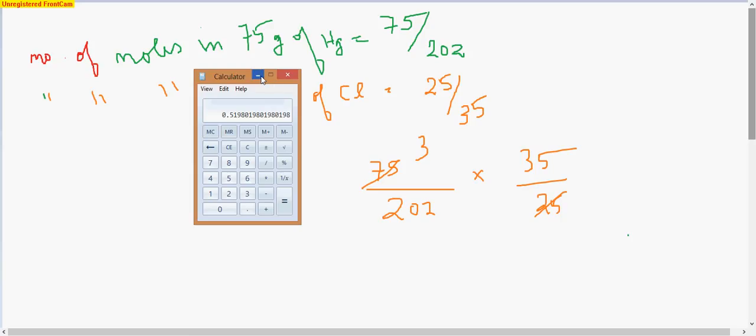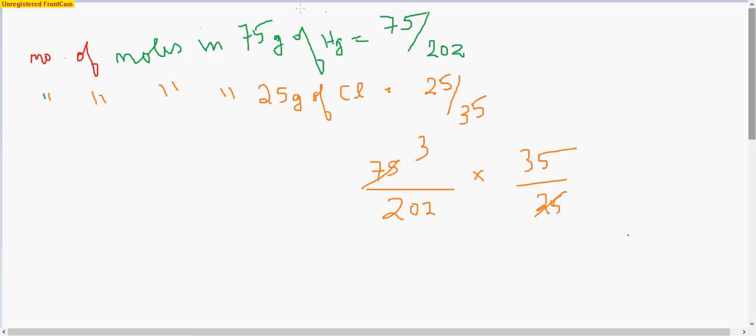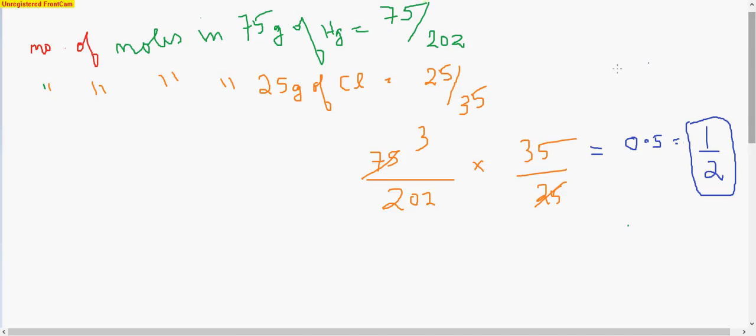You see, it's nearly 0.5, 0.59 something. So it is almost 1 by 2. What can we infer from this?